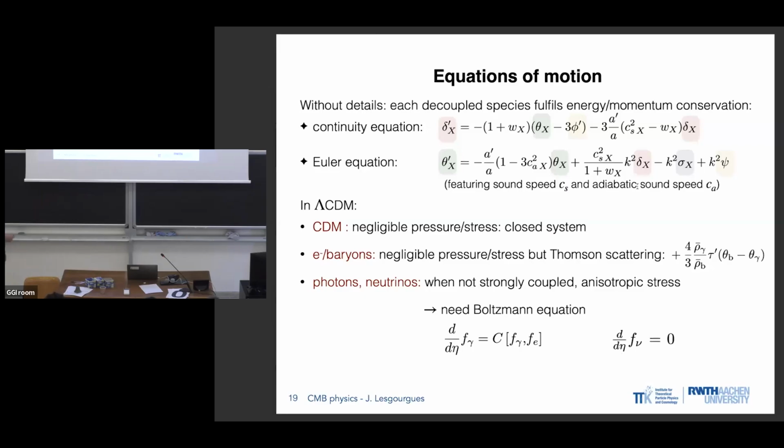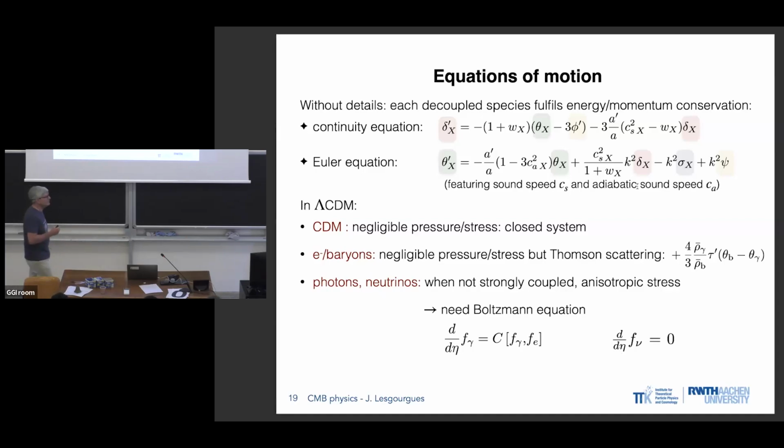For electrons and baryons, because they are non-relativistic, they also have negligible pressure, so we can also neglect their anisotropic stress. The difference between the equation of motion for cold dark matter and electrons or baryons is that these two are coupled to photons through Thomson scattering.